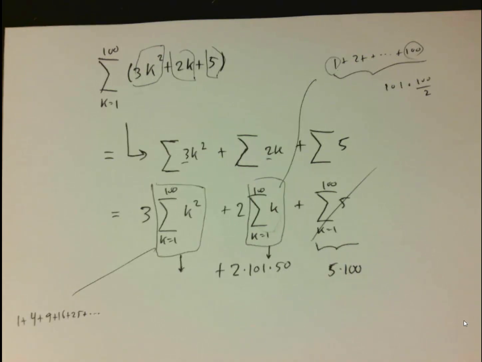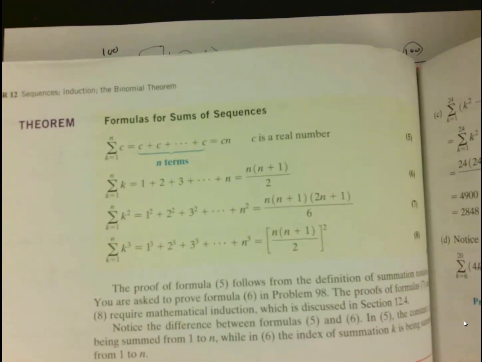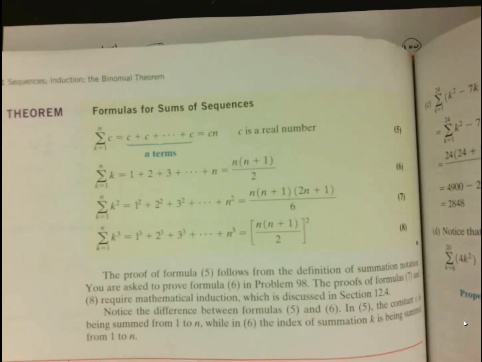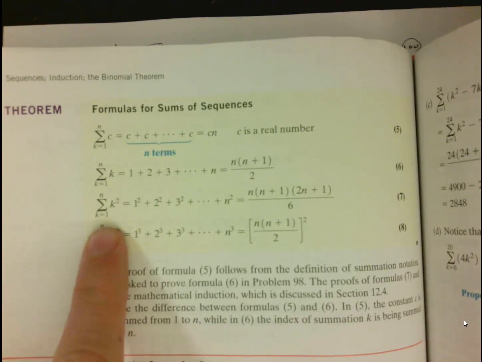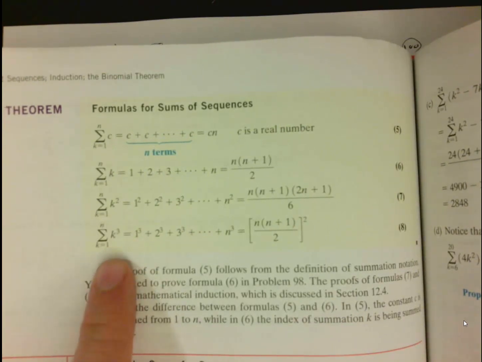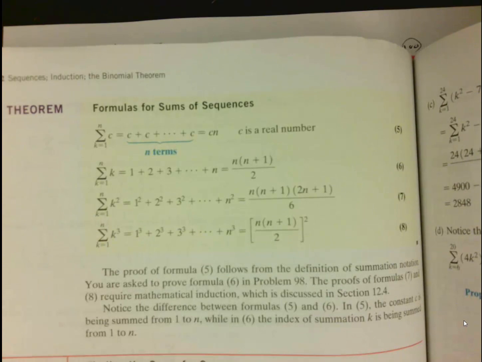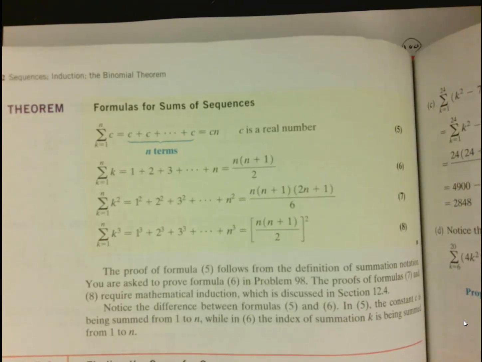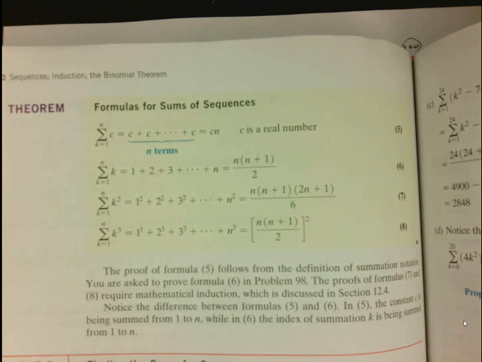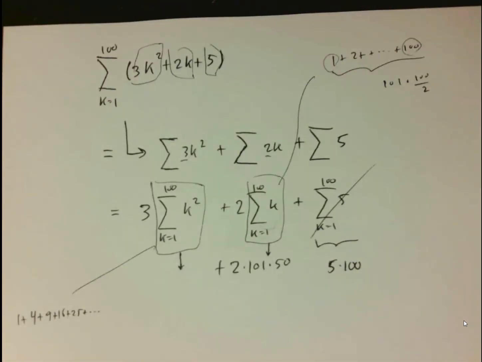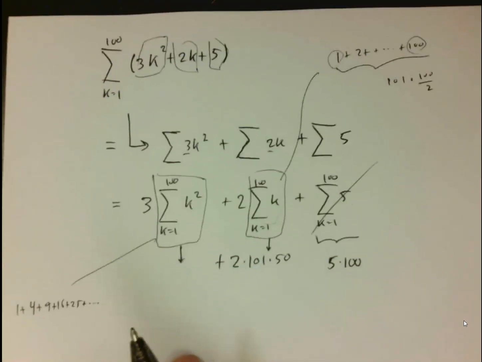On page 830, ta-da, there's a box which shows you the equation for the sum of squares and an equation for the sum of cubes. And those are things that you could either look up, or if it was an exam, you would be provided on the exam. Because more we're interested in, can you simplify the larger expression down to really simple building block expressions, which you can then look up the answers for.